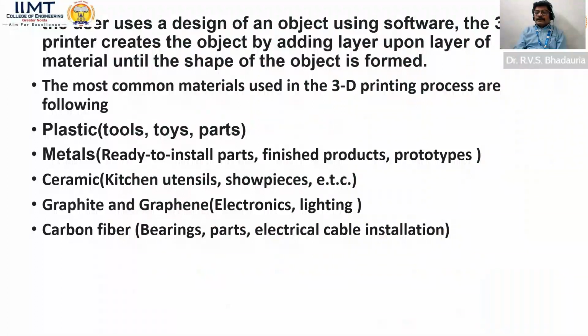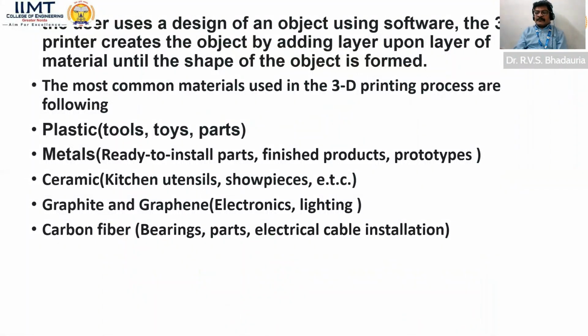Now, we will discuss, as you can see in this slide, the various materials, either in the form of liquid or powder, used in this technology. The most common material is plastic, which is used to make small toys, parts of things and tools.